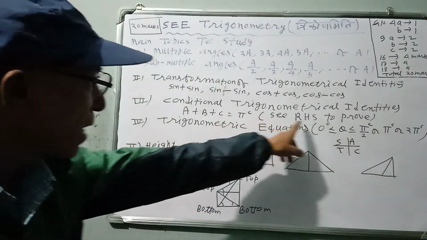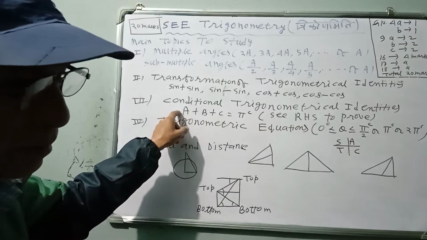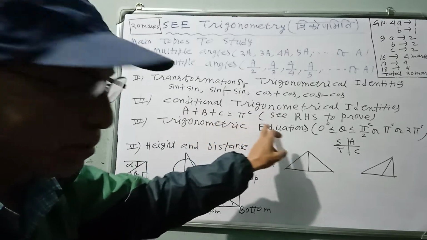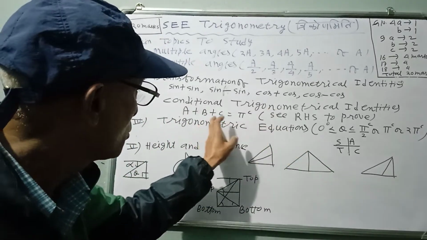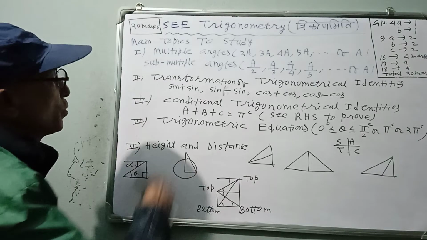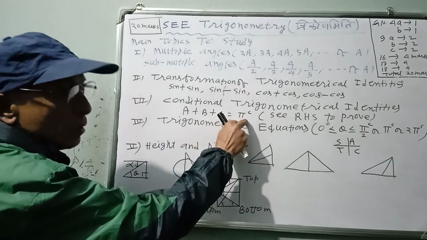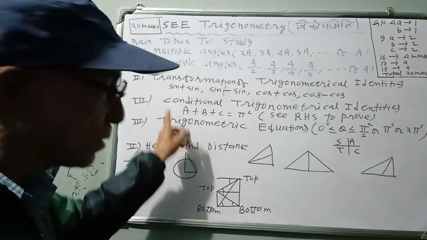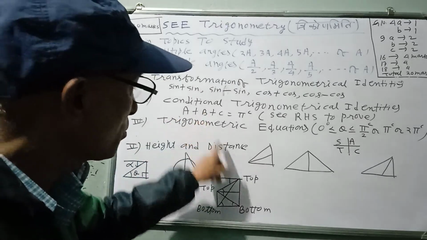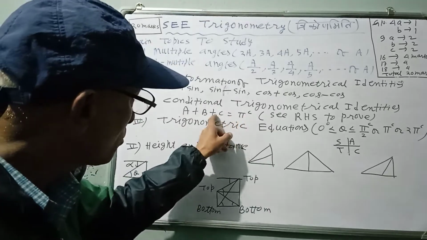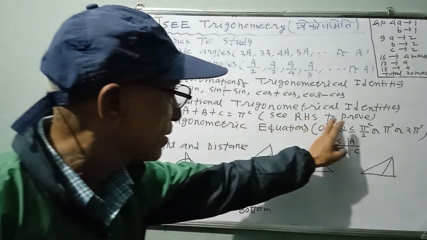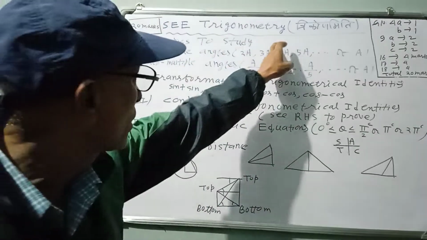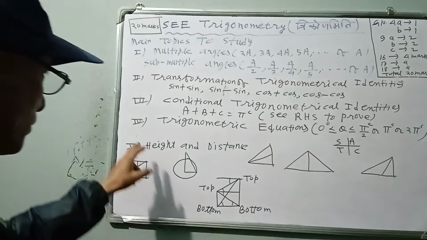In the RHS, right hand side, if there is sine A only, A, B, C, you have to take A plus B plus C. If there is 2A, 2B, 2C, you have to take twice A plus twice B equal twice pi minus twice C. If there is A by 2, you have to divide by 2: A by 2 plus B by 2 equal pi by 2 minus C by 2. RHS मा के लिनु छ? A लिनु छ, मल्टिपल लिनु छ कि सब मल्टिपल लिनु छ हेर्ने.